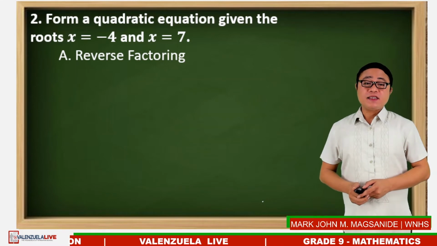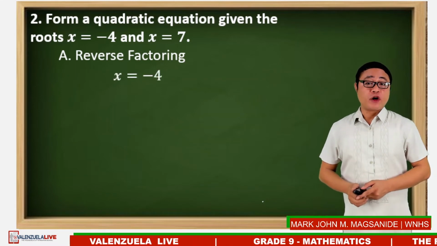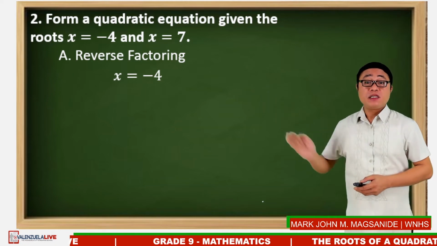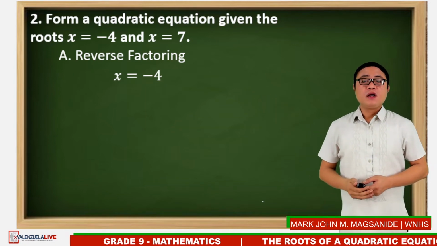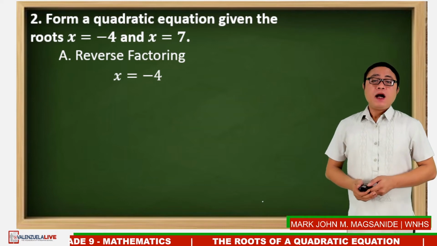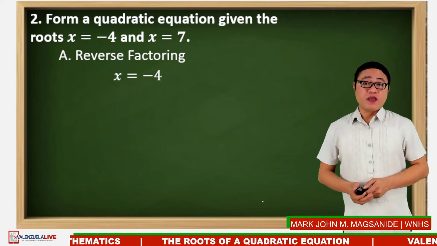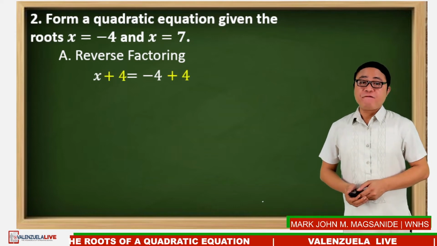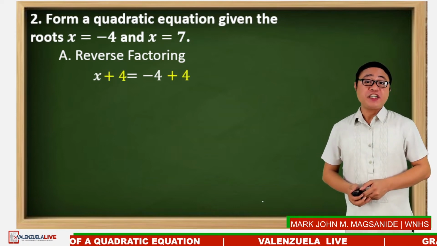Given x is equal to negative 4, we will express this equation equal to 0. Since we want the right side of this equation to be equal to 0, we must add positive 4 to both sides of the equation.